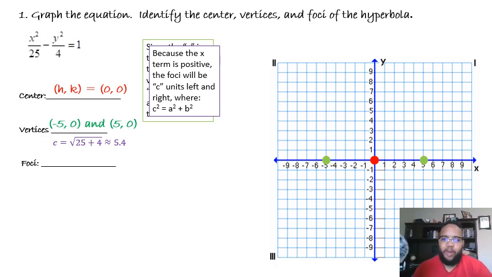For the purpose of graphing, we're going to get it to one decimal place, because we don't want to leave it as a radical when we're trying to graph. So we're going left and right from 0, so we're going left 5.4 and right 5.4. So that gives us those points right there.